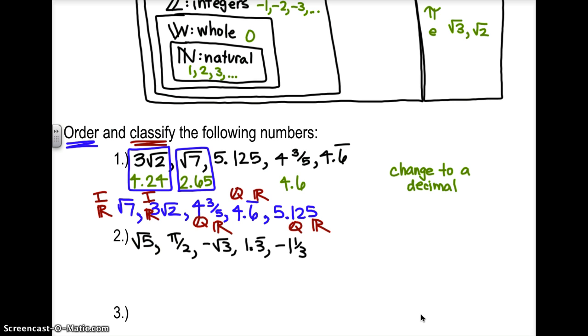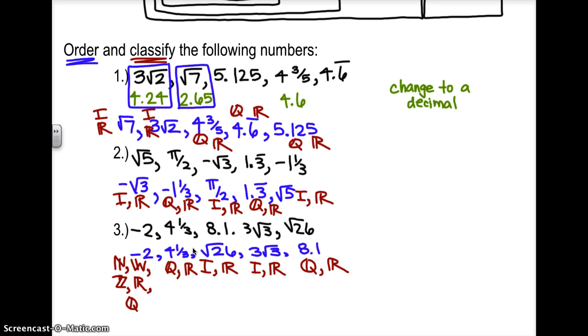Your last one is negative 2, 4 1/3, 8.1, 3 times the square root of 3, and the square root of 26. So a couple different ones for you to try. Pause me and you try those. Okay, so check them. How'd you do?